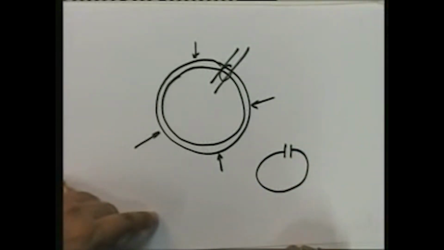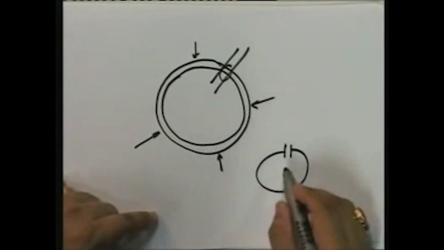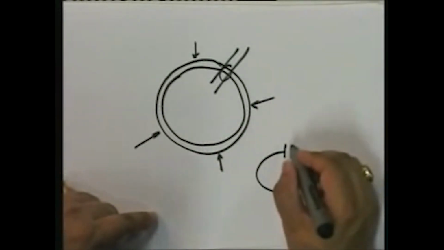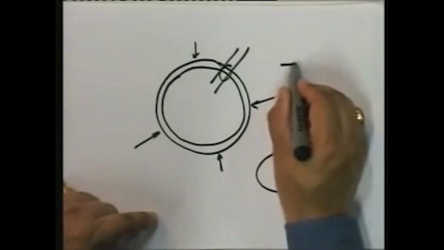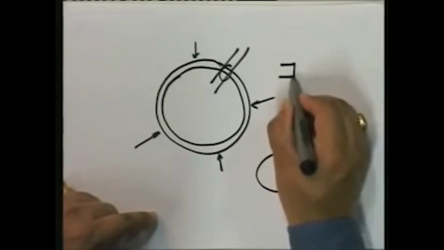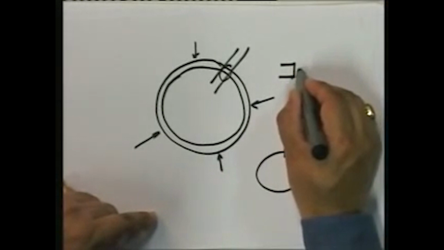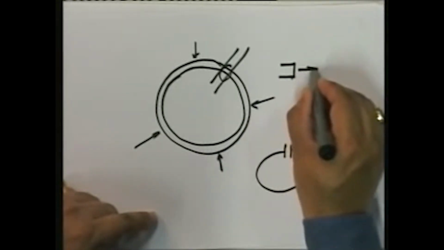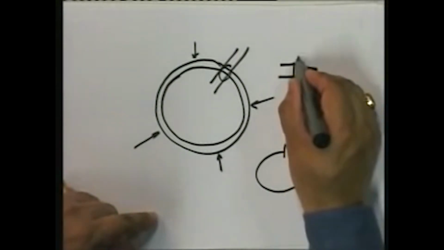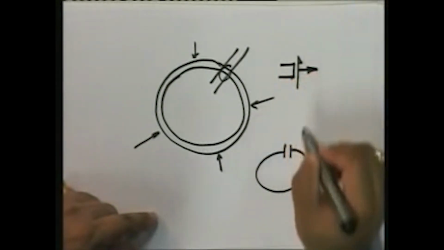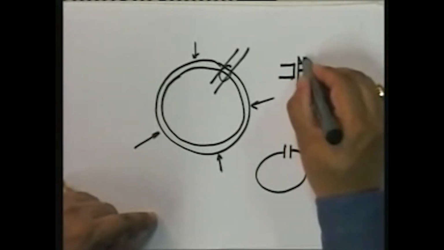If I make a cut here, what are the forces that I develop at this point? Well, first and foremost, I can generate an axial force, I can generate a shear force, and I can generate a bending moment.